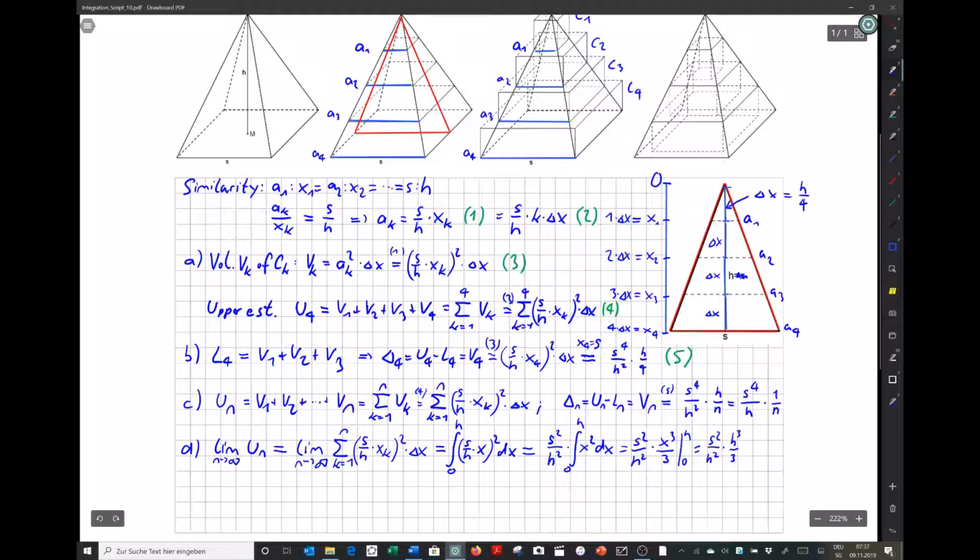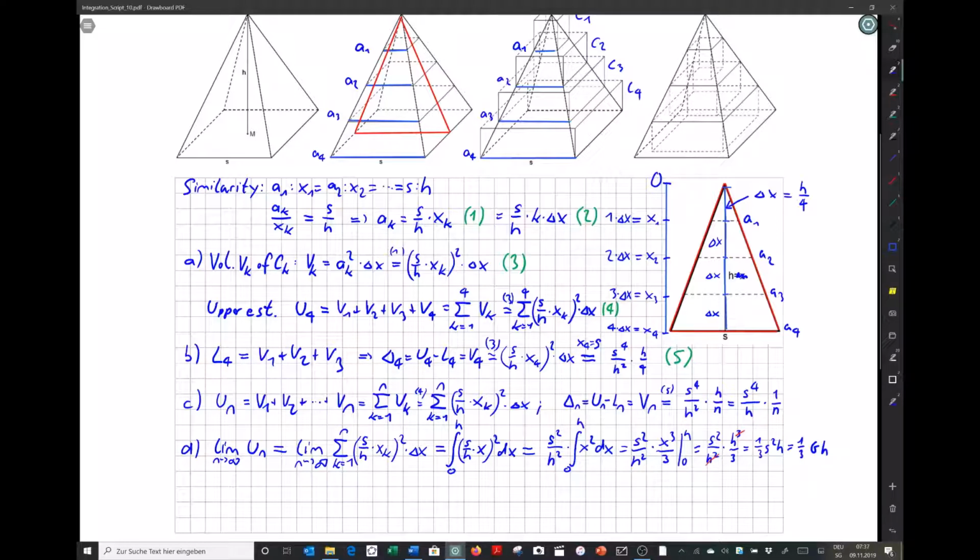I skip the minus 0, cancelling out the H to the power of 3 against the H squared here. I get in the end 1/3 times S squared times H, and replacing the S squared by base face G, I get 1/3 times G times H, the well-known formula.